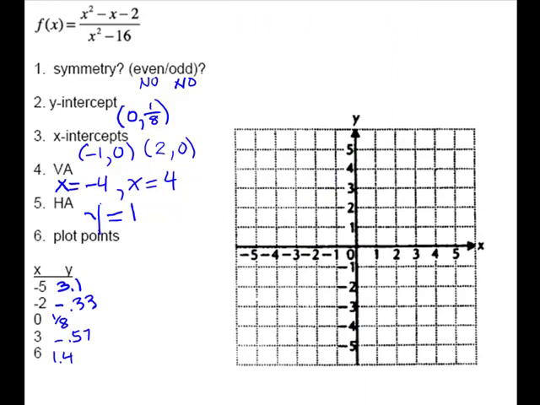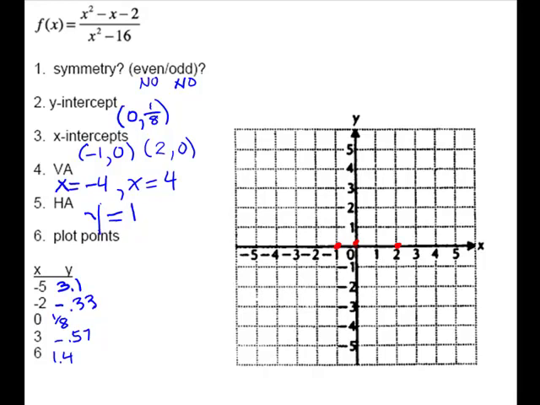So we'll start with our y-intercept. Over 0, up 1/8, so it's just up a tiny bit. -1, 0. And 2, 0. This one's up a tiny bit higher than those.